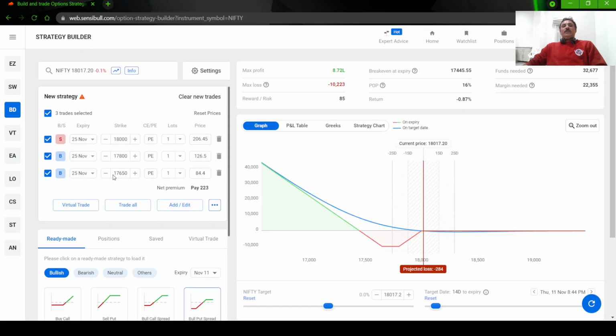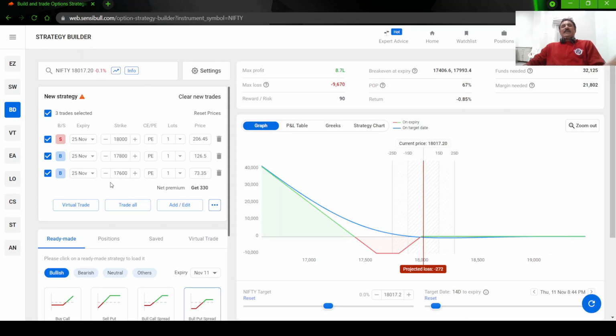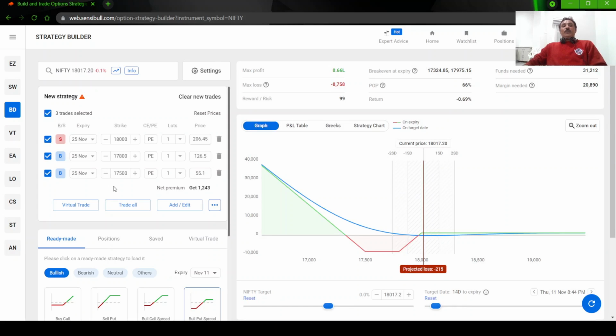So let us go to 17,600. When we go to 17,600, again this is as good as a break even trade. Let us go further, 17,500. When we go to 17,500, you can see that we have got 206 rupees as credit, but we are paying out only 181 rupees of debit.